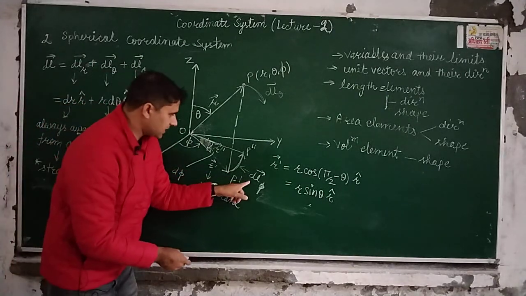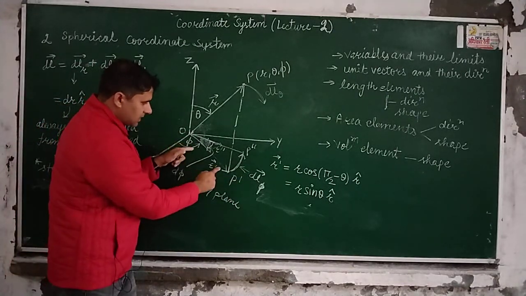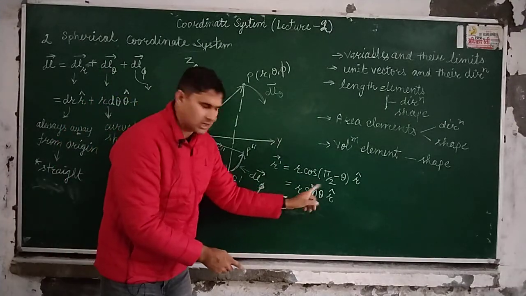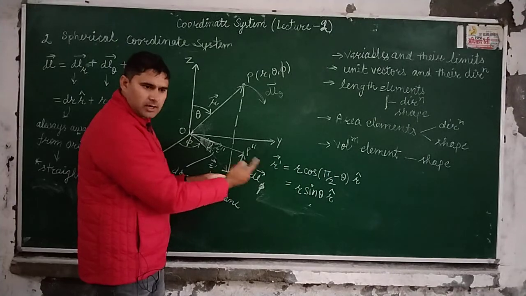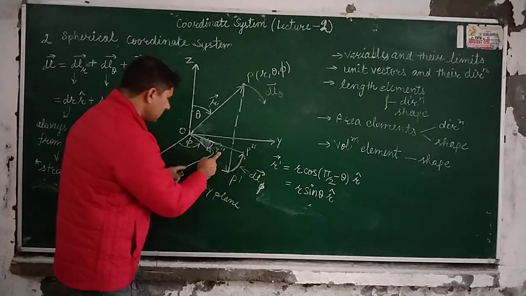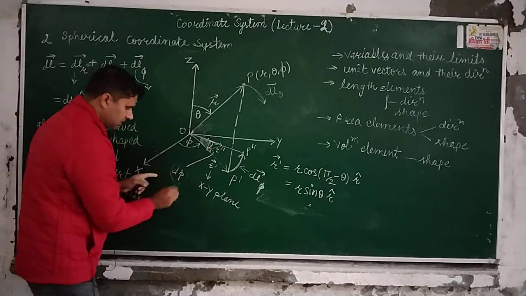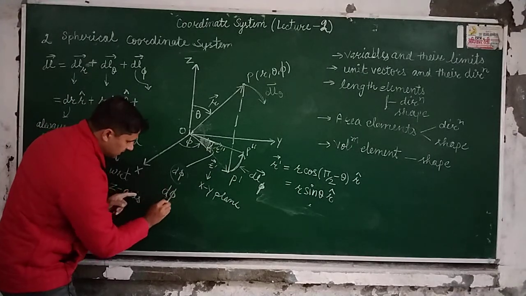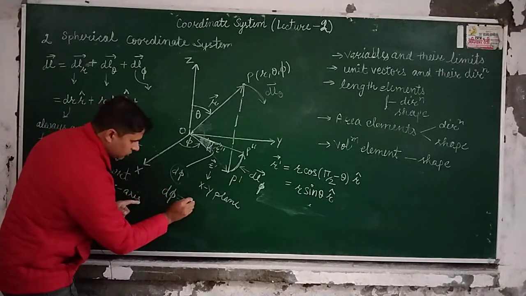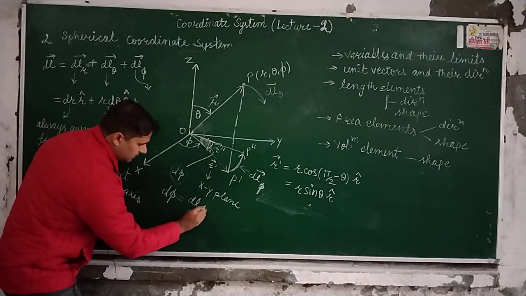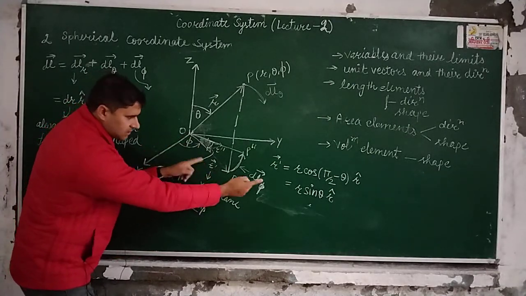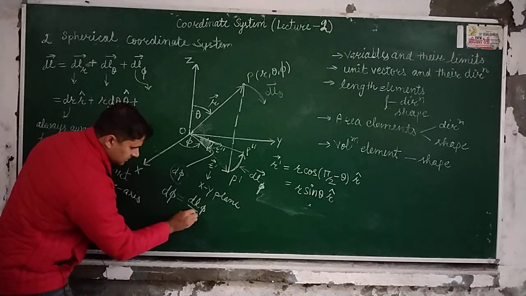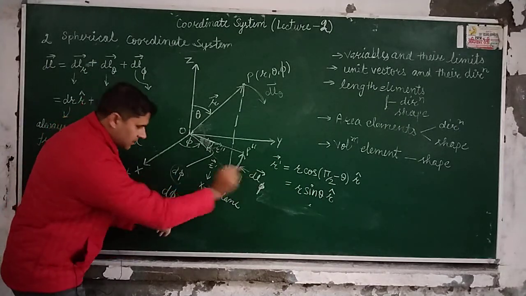So here we are to find dl phi. This is r dash, and the magnitude of r dash is r sin theta. So here we will make use of arc by radius equal to theta, and the angle here is d phi. So the angle d phi will be equal to the length element dl phi divided by the radius. Here the radius is the magnitude of r dash, that is r sin theta.